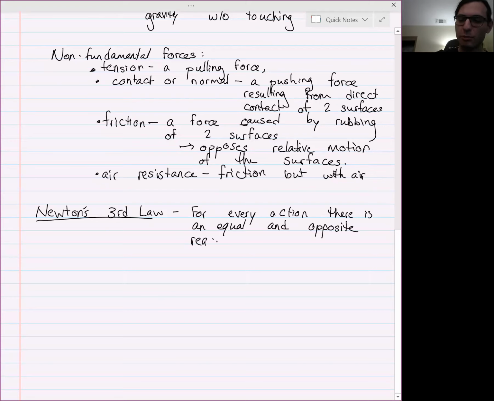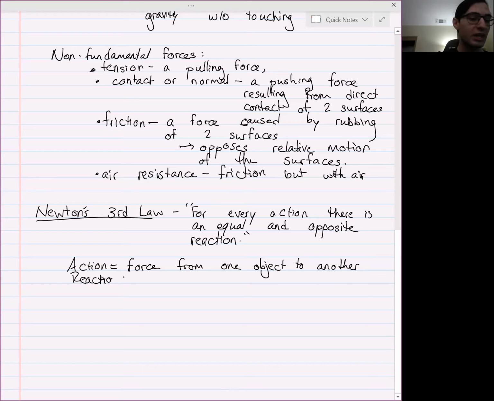Now, it's a relatively simple phrase, but there's a lot to break down. So first, let's start working through some definitions. An action, when we say action in this definition, we mean a force from one object to another. For a reaction, what we mean is a force from the second object to the first.